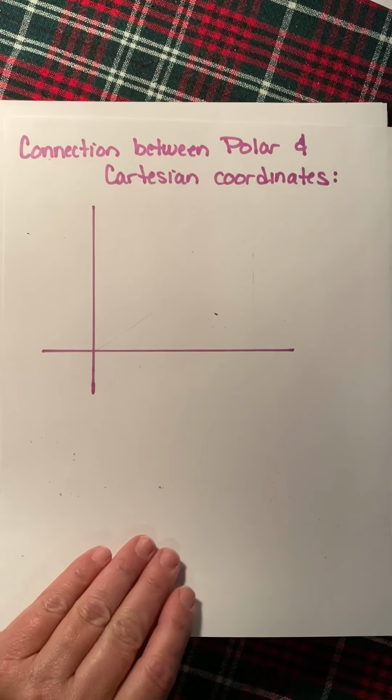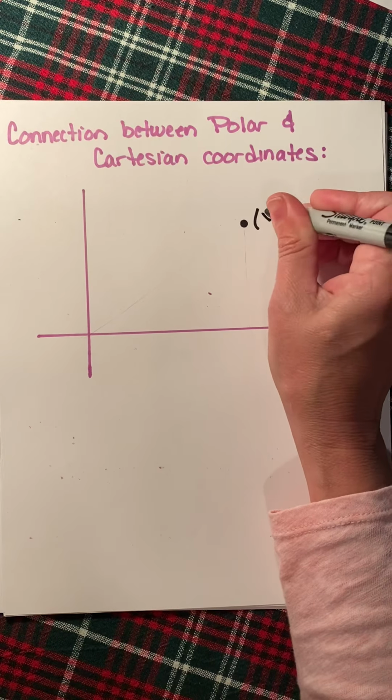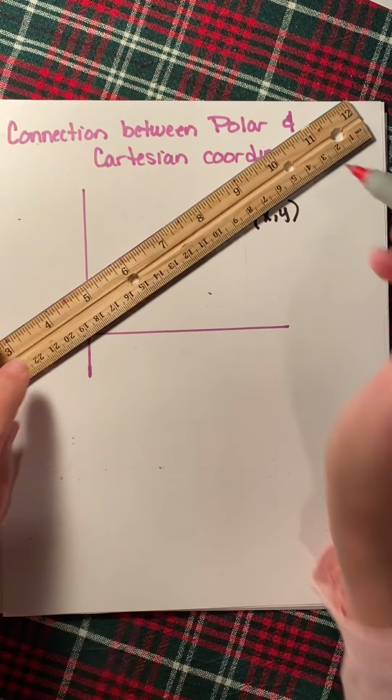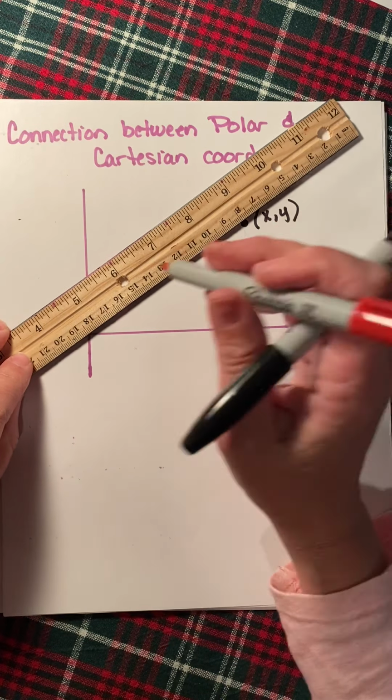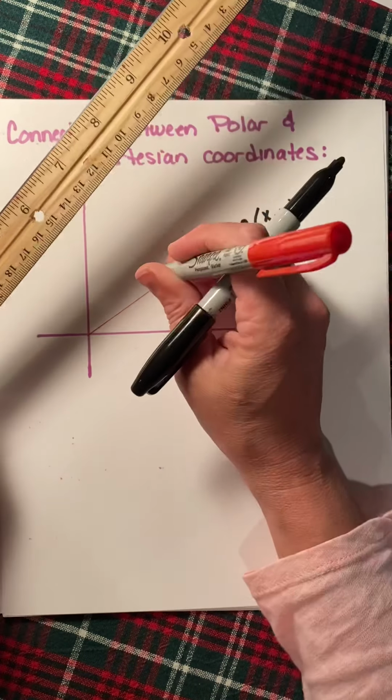All right, connection between polar and Cartesian coordinates. Ready? If we're given a point, let's just say we have this point right here, (x, y). If we imagine this in our polar world, let's draw our triangle right here. The length of this line right here would be r.